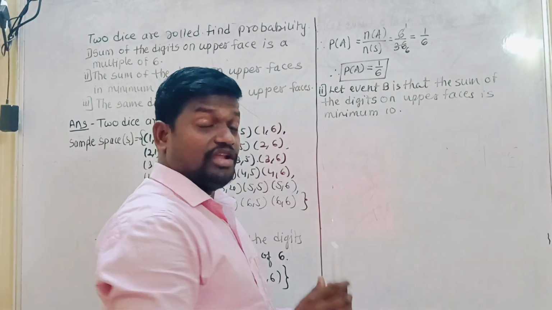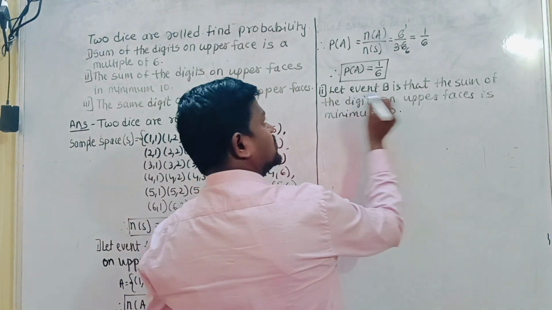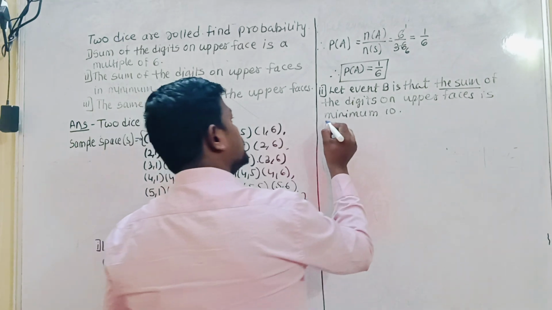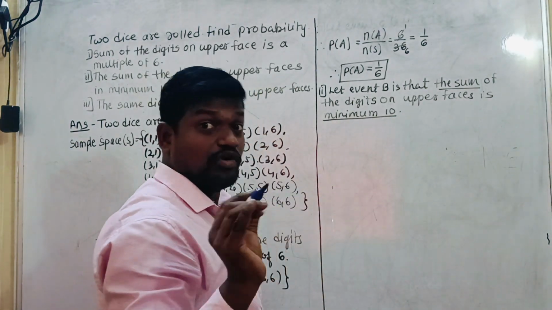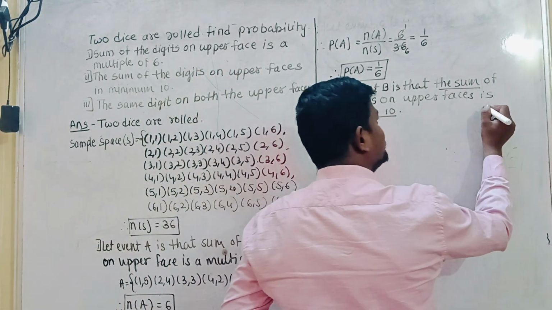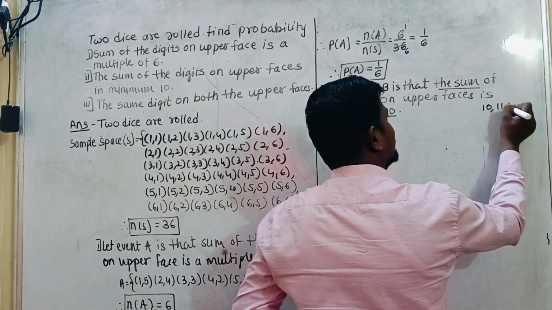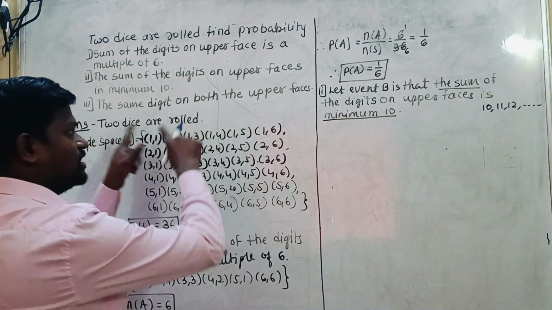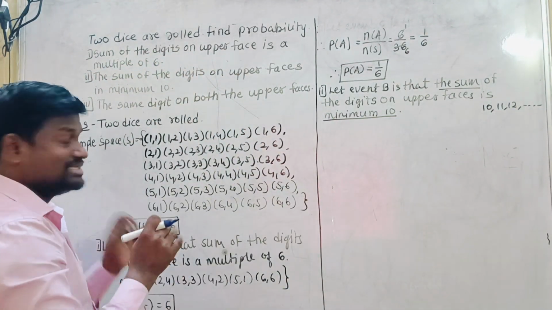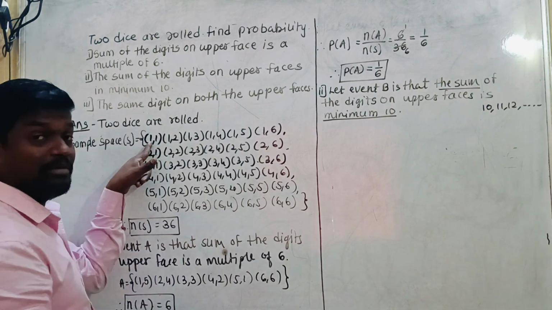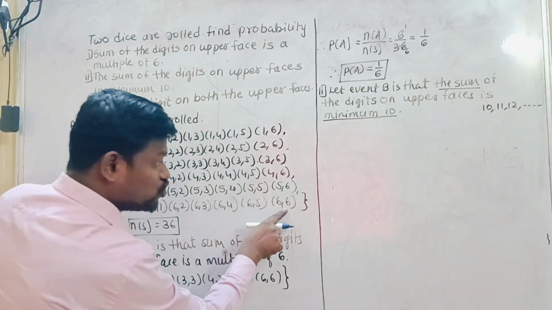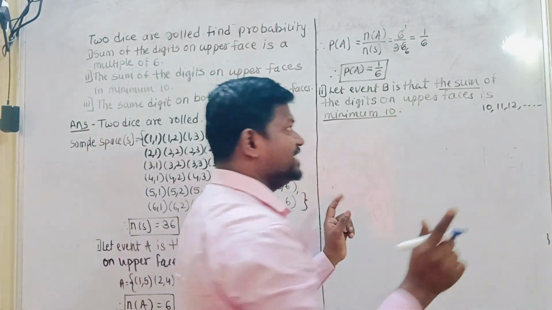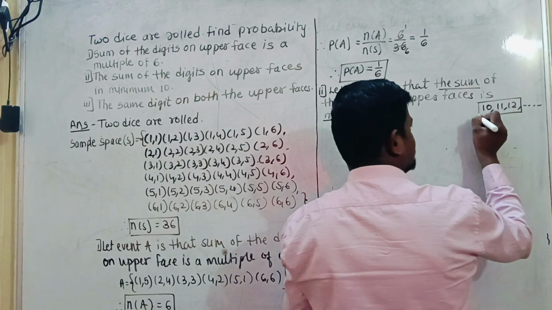See, our event tells us that our sum is minimum 10. So what is the meaning of minimum 10? Minimum 10 means 10, 11, 12 and so on up to infinity. But as I said, in this sample space our minimum addition is 2 and maximum is 12, right? So the condition says minimum 10. So we get only these 3 answers.